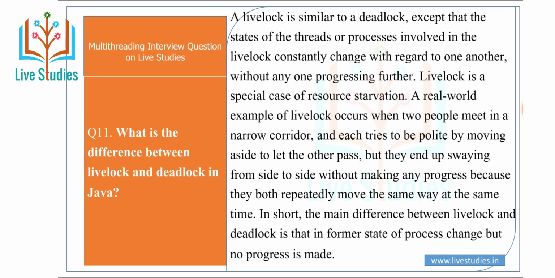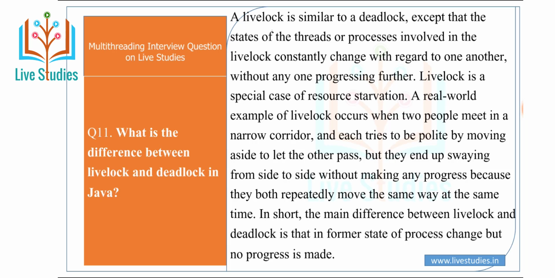Another question is, what is the difference between livelock and deadlock in Java? A livelock is similar to the deadlock except that the states of the threads or processes involved in the livelock constantly change with regard to one another without any one progressing further. Livelock is a special case of resource starvation.